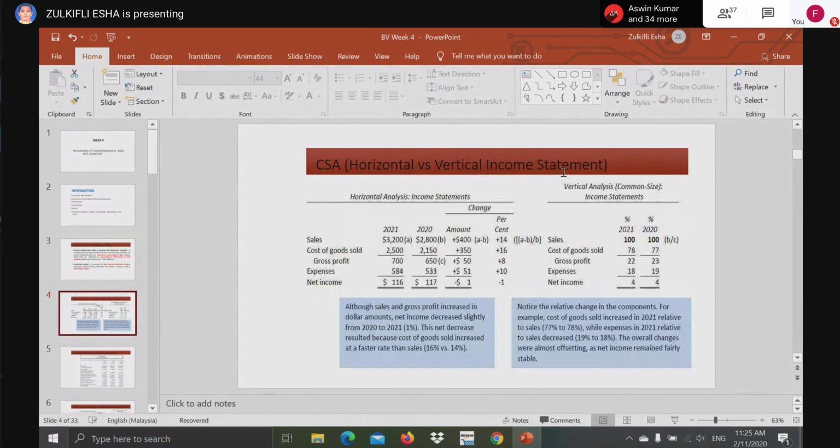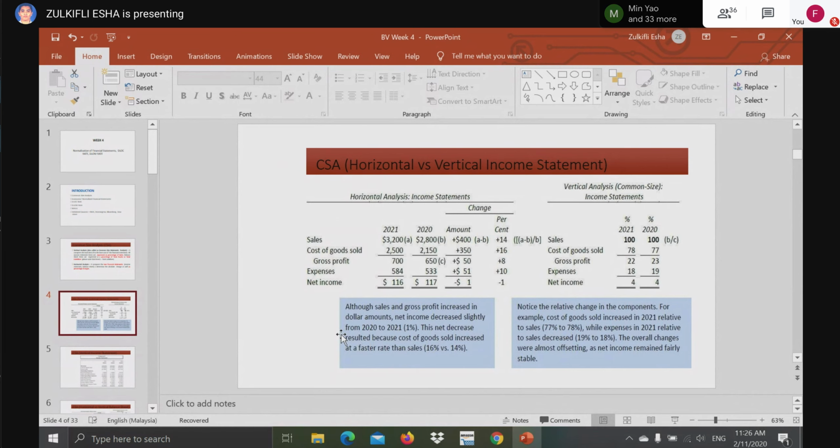So for horizontal analysis of the income statement, let's say we will compare between the 2021 and 2020 income statements. So we will look at the sales, cost of goods sold, gross profit, expenses, and net income. For the horizontal analysis, it puts some notes here. Although sales and gross profit increased in dollar amounts, net income decreased slightly from 2020 to 2021.